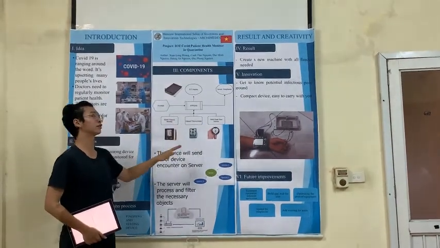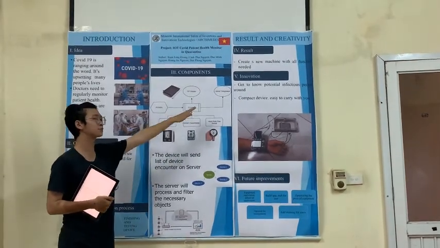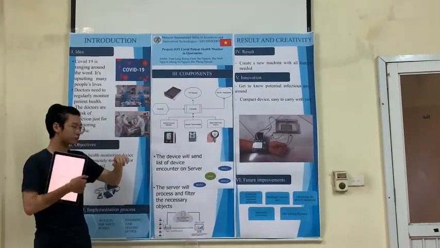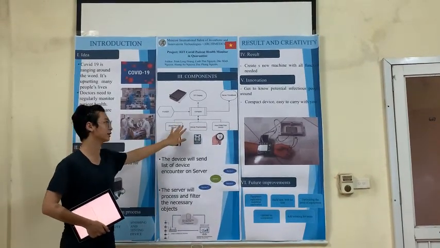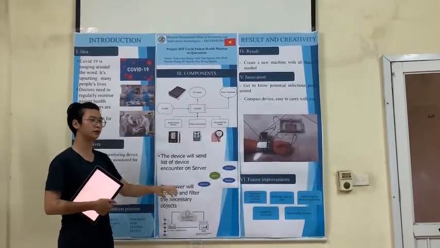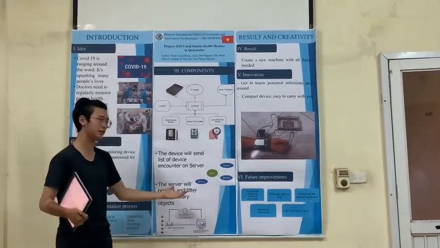These 4 components are connected to each other to send a package to this ThingSpeak server. And the device also has a power supply to power everything, and a TFT display to also display that information to patients.